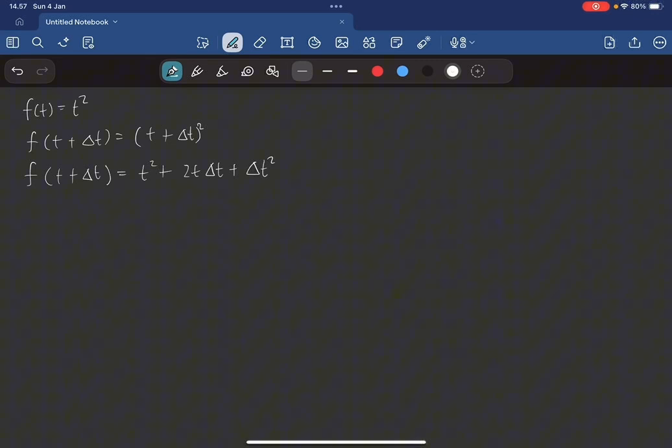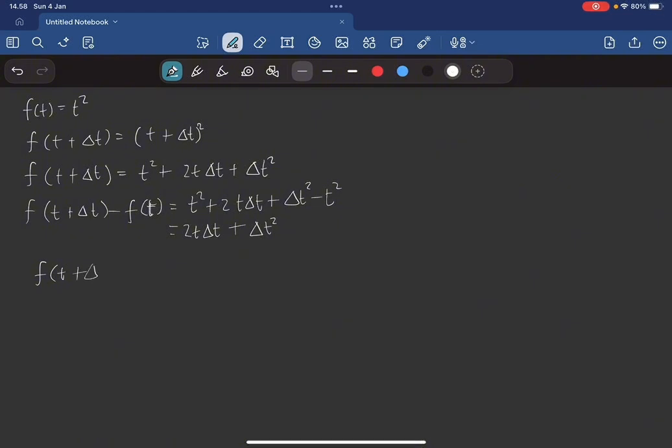We now subtract f(t). The difference is 2t delta t plus delta t squared. The next step is to divide by delta t.